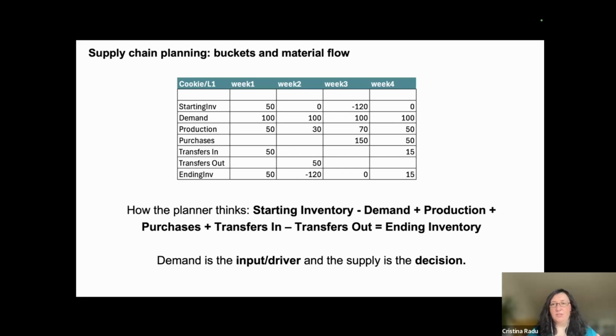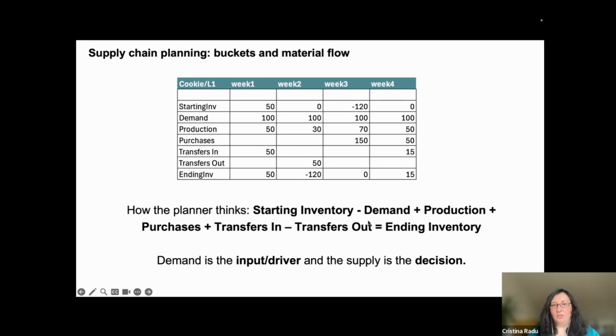Also, of course, between facilities you have transfers in and transfers out. And this, let's say, complicates the situation a little bit. But this is essentially all the concepts you need to understand how supply chain works. And we see here this equation, which I said is the core of every supply chain solver.